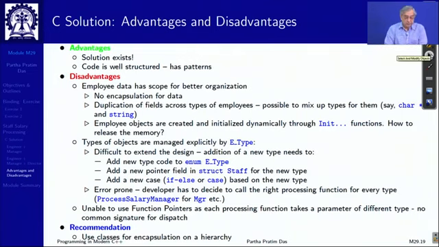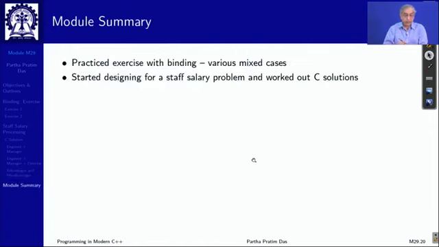Now, after the analysis, what comes is a recommendation. The recommendation is to use classes for encapsulation on a hierarchy, and that is the refinement we will start working on. Right? So, to summarize, in this module we have provided some practice exercises, but most importantly we have started designing a staff salary problem.